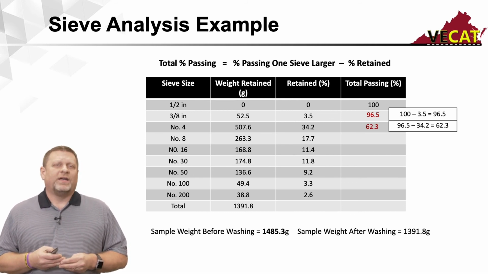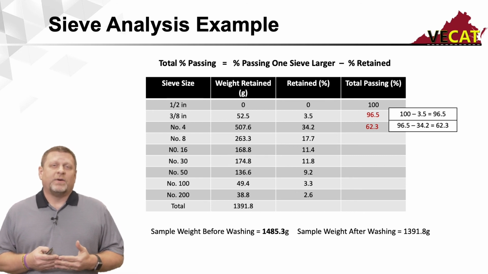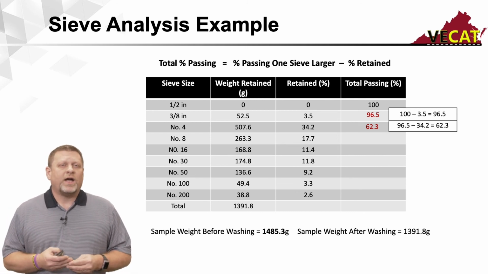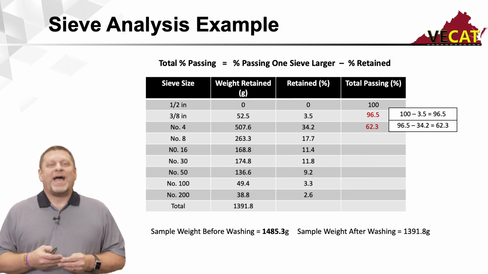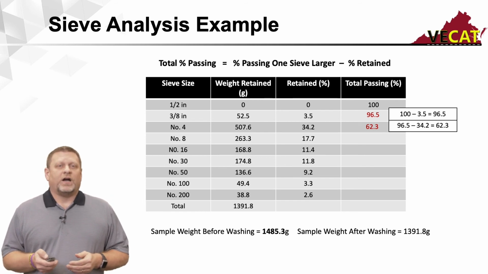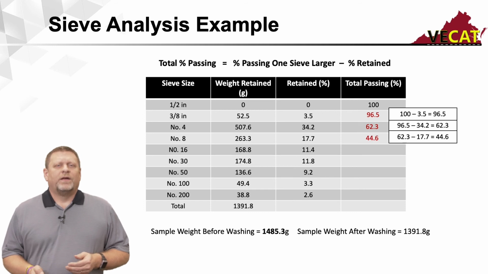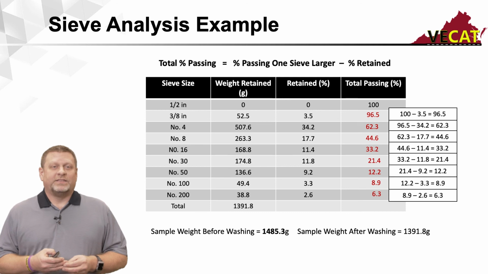For the number 4, if I'm using a calculator, I've got that 96.5 still in my calculator. All I do is subtract the 34.2, which will give me 62.3% passing the number 4 sieve. Follow this process throughout the entire gradation, and our minus 200 will end up at 6.3% passing the minus 200.